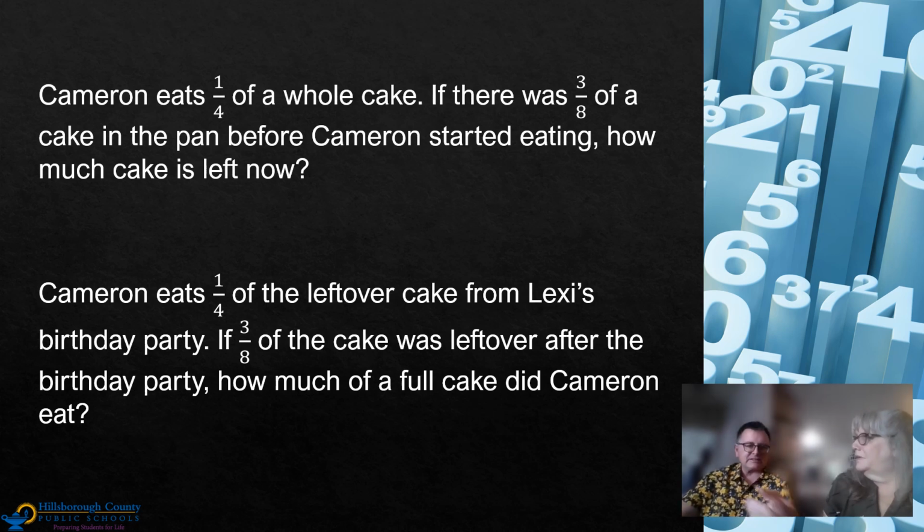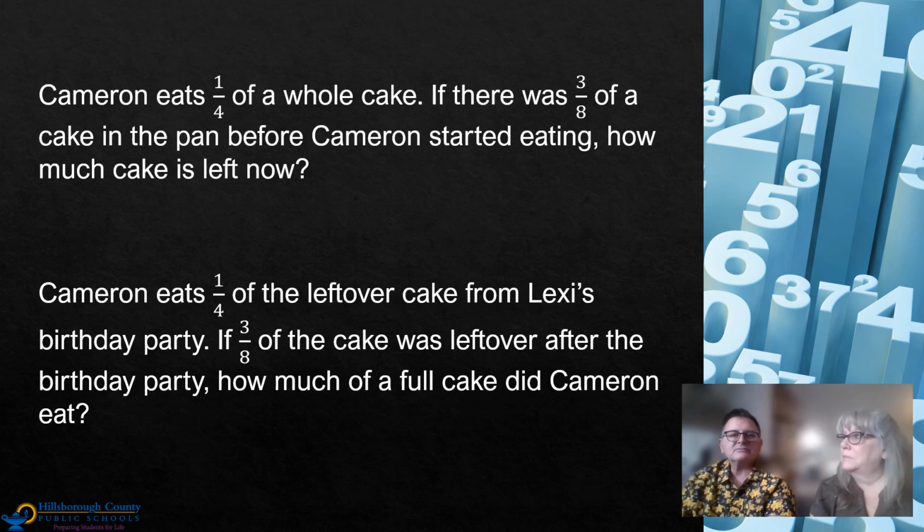So that's subtraction. He's not eating 1/4 of what was left. He's eating 1/4 of a full cake. Oh, okay. There was 3/8 of a cake left before he started eating. But it's relational to the whole. They're both relational to the whole.